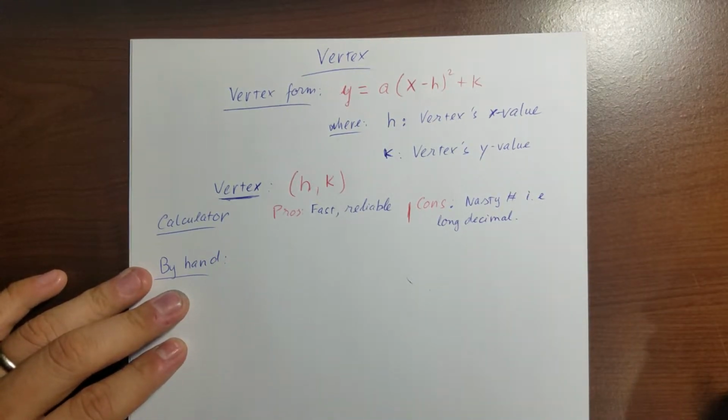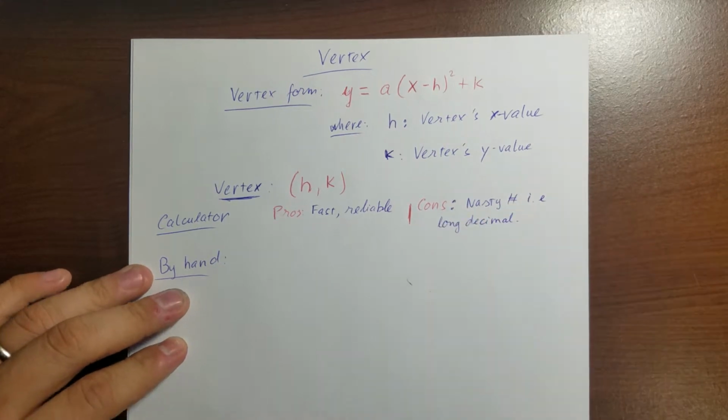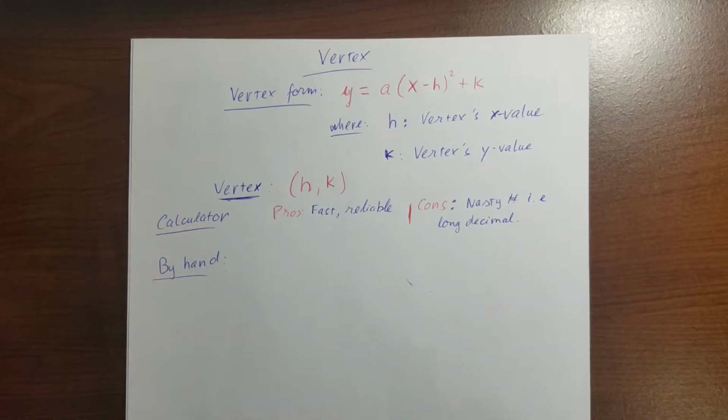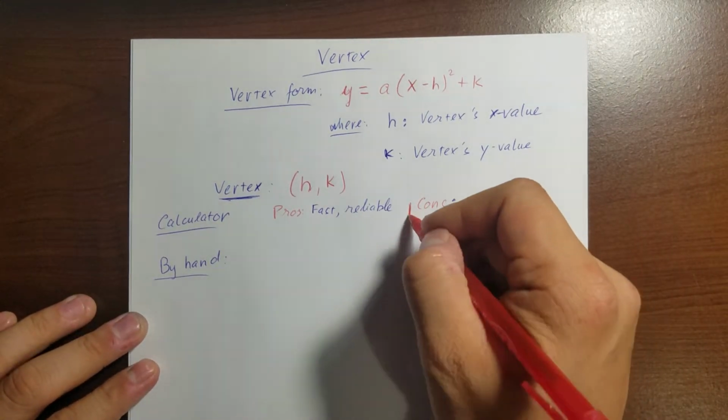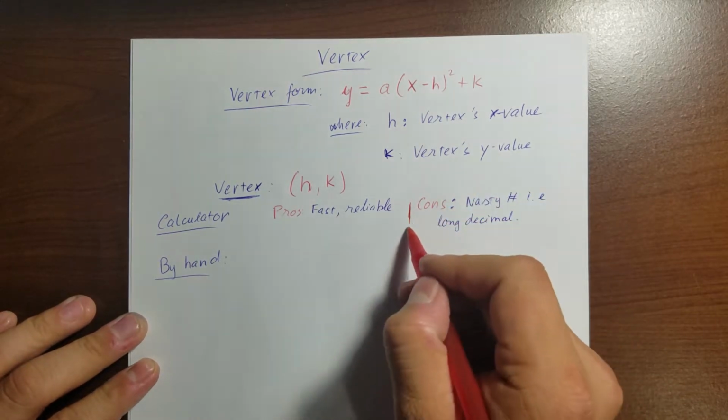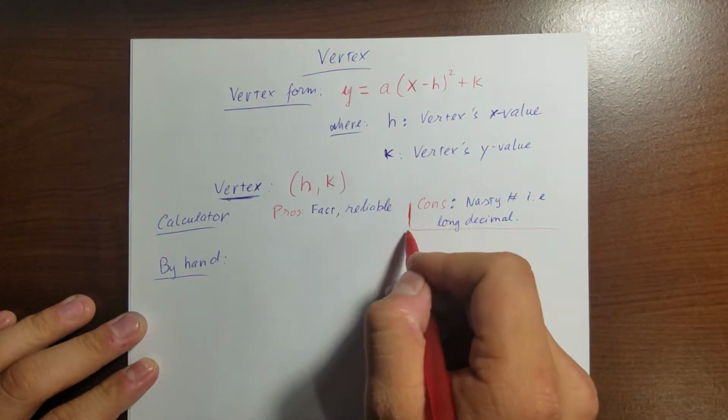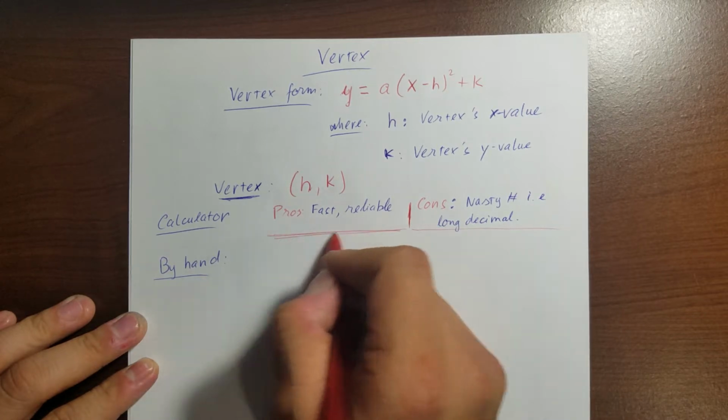Sometimes it's just a pain in the neck to deal with because you have a really long decimal, and it costs you more time to actually do this. But if you're desperate, any option counts.